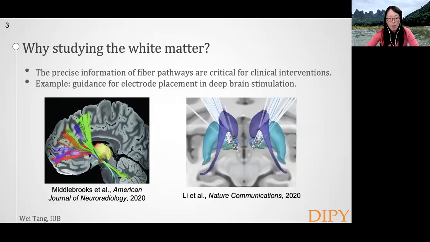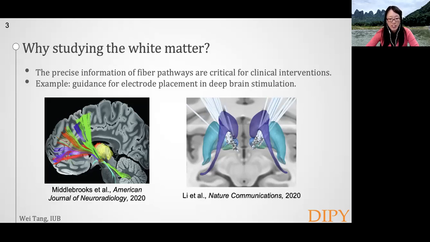This is a small white matter volume buried in the striatum. The striatum is part of the basal ganglia, which is a subcortical structure. You can see the shape of the striatum in the right figure, which is colored in purple and blue. The gap in between is the internal capsule. You can see the electrodes are targeting the anterior part of the internal capsule.